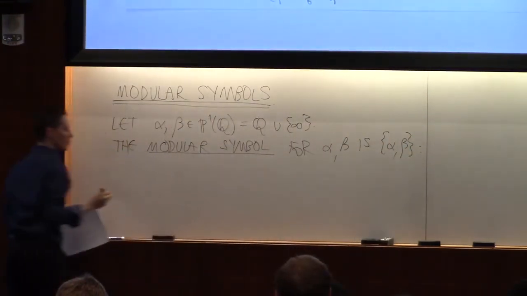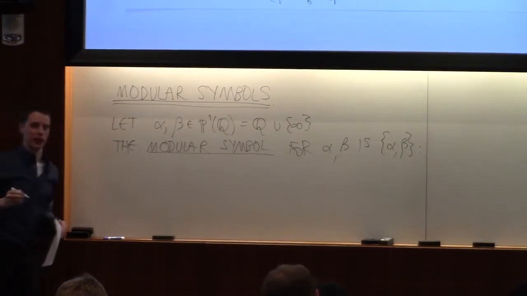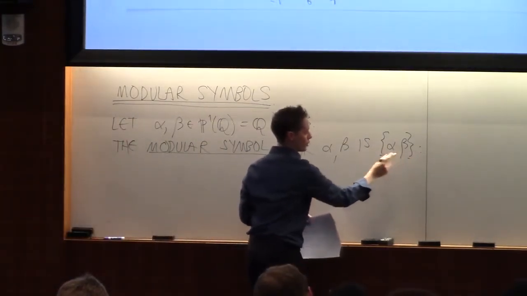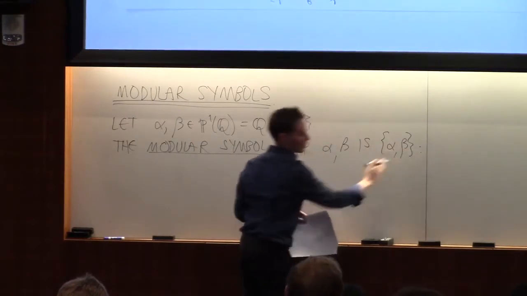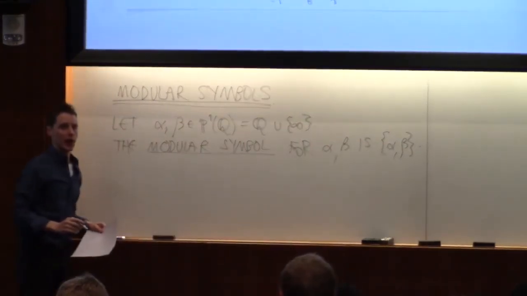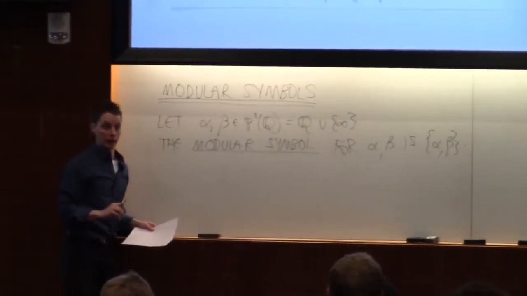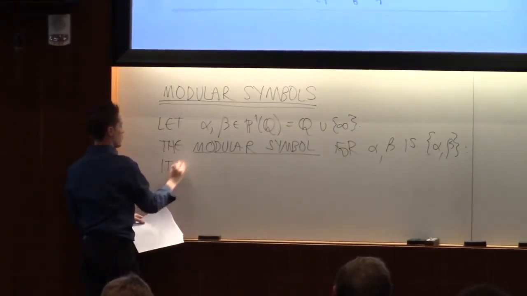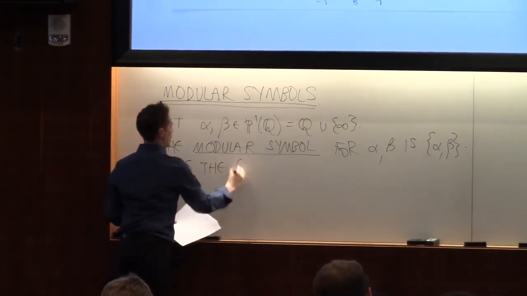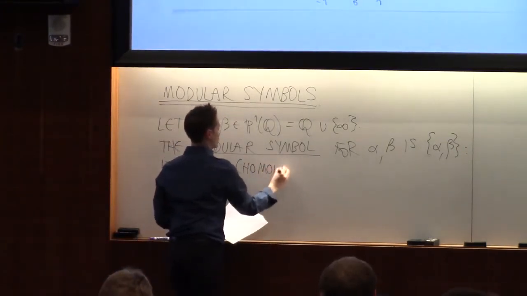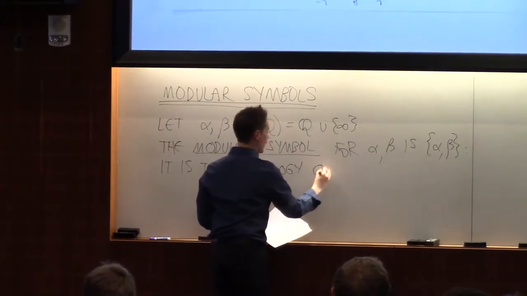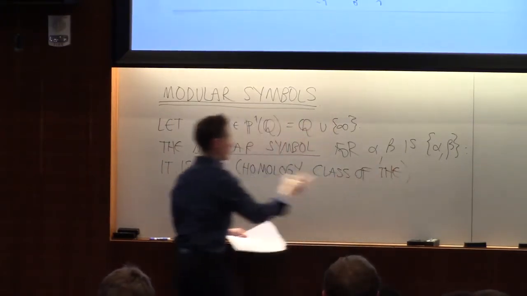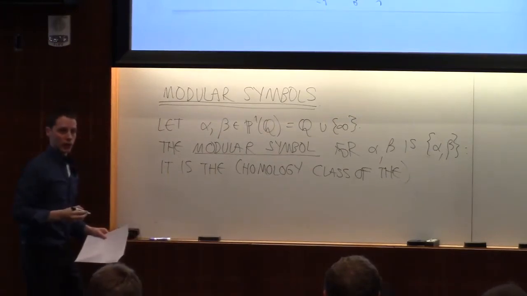And that's confusing because you probably are thinking that that's a set, and I can't change that. If you want to, you can put underlines here, or dots, or make it green, or whatever, but you're just going to have to realize that it is not a set. The order matters, okay? The modular symbol is the homology class of, if you don't know about homology, you do not need to understand what's in parentheses.